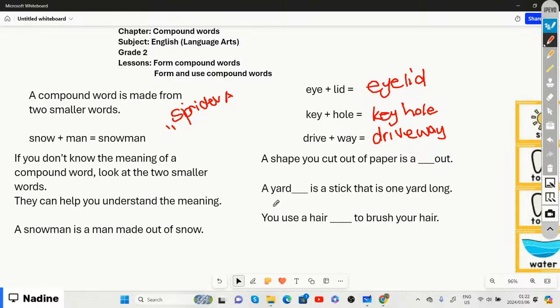All right. So you can even use your hair. So use a hair to brush your hair. So what do we use to brush our hair?